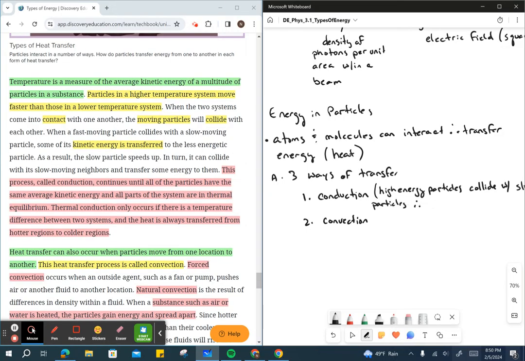Therefore, they transfer some of their kinetic energy. Okay.